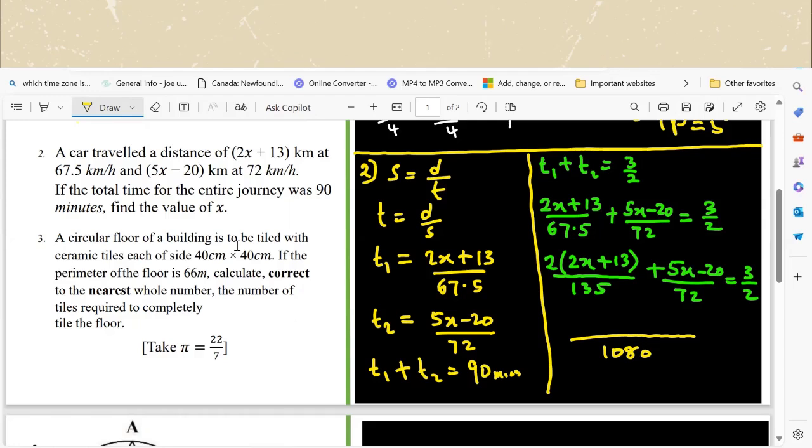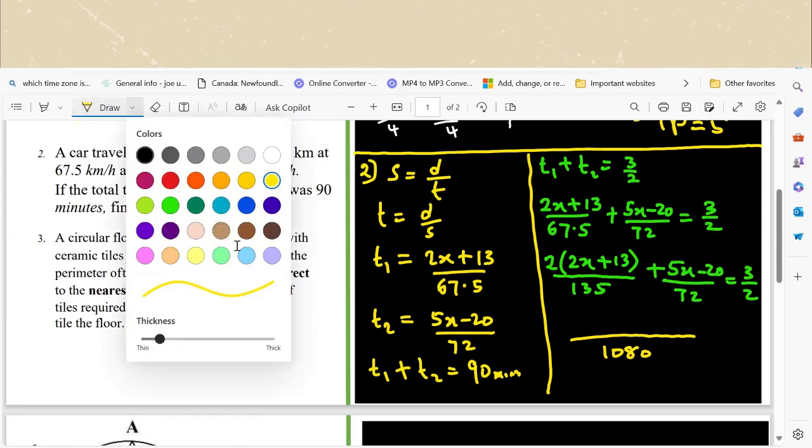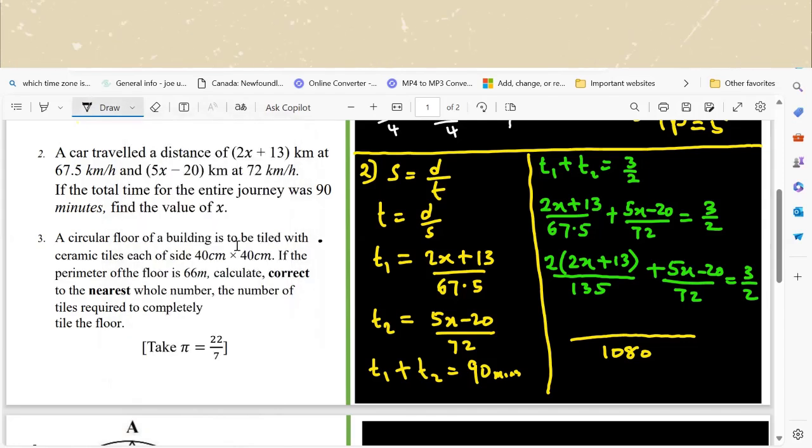If we find the LCM of 135 and 72, I believe we can find it. If you don't know how to do that, which I believe you can, you just draw your line and do your 135, do your 72, and then you start dividing. You can use 2. Here is 36.